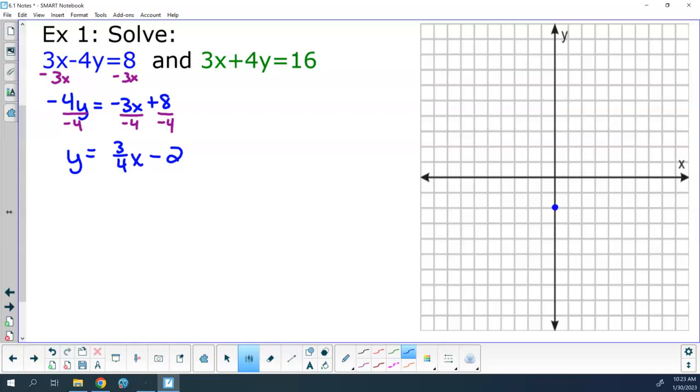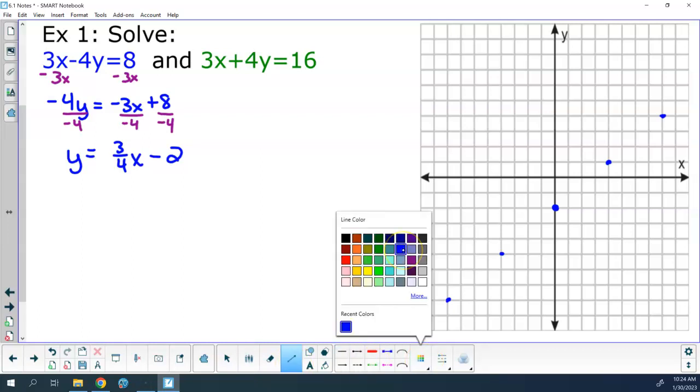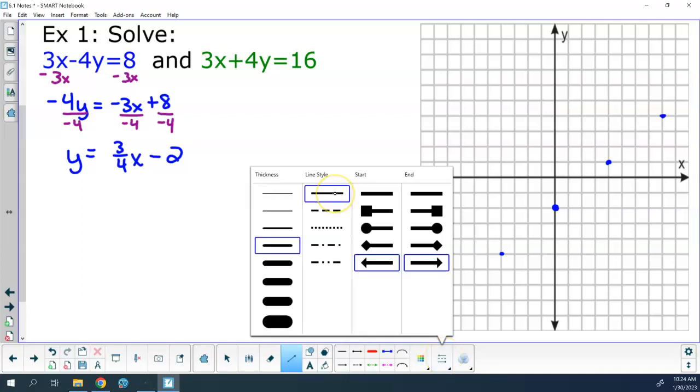Down 2, put a dot, that's my y-intercept. Slope of 3/4 would be up 3, right 4. Or I could go down 3, and up 4.